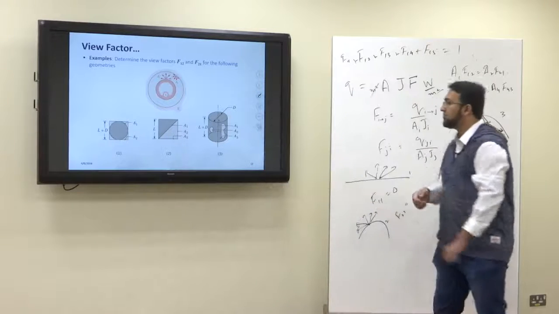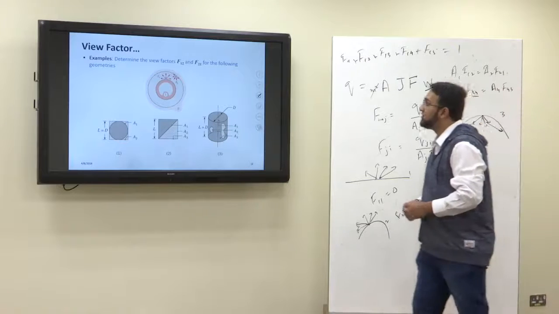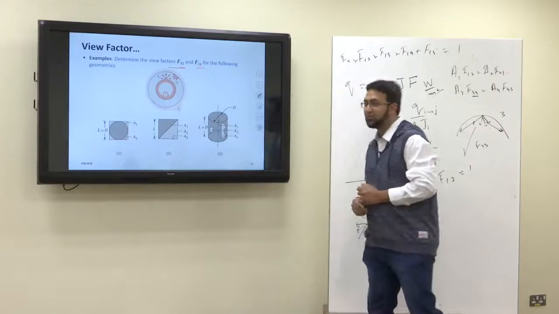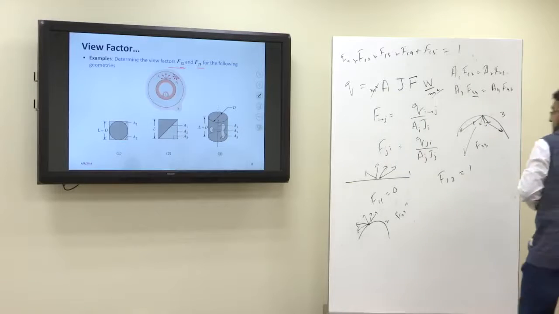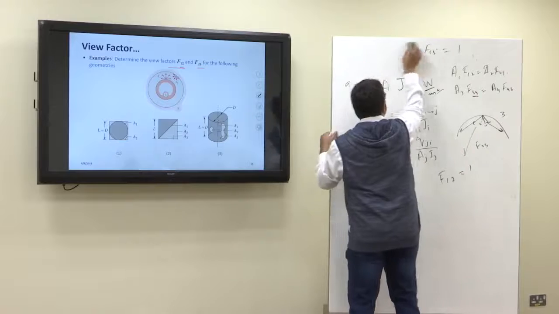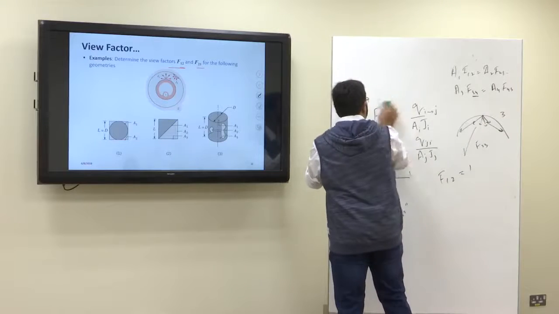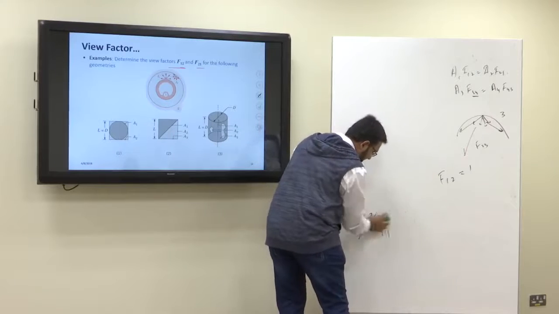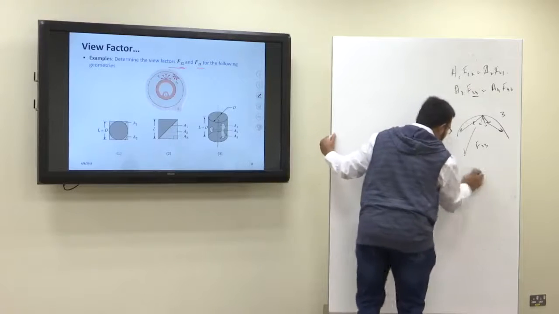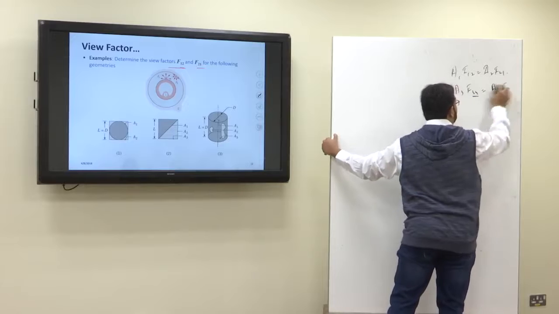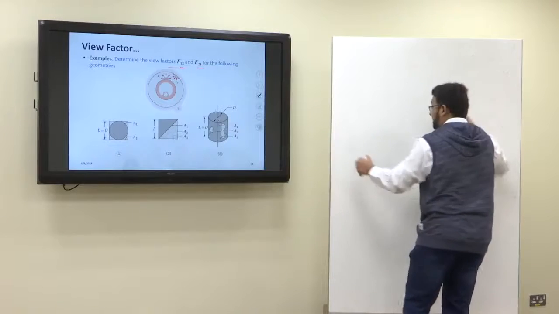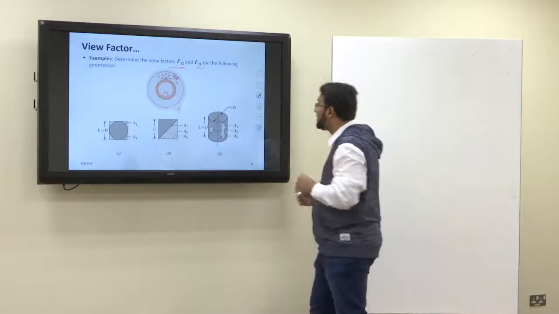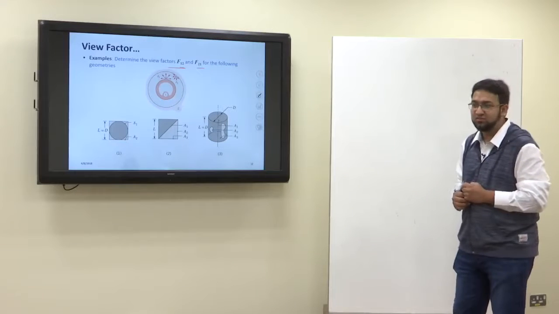Now we have this problem. We have to determine the view factors 1 to 2 and 2 to 1 for the following geometries. The best way, whenever we are solving it, is to develop a matrix.